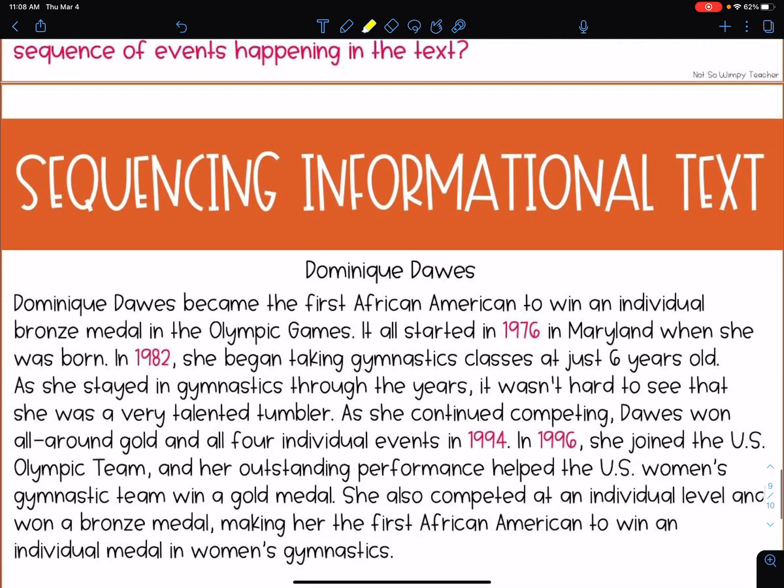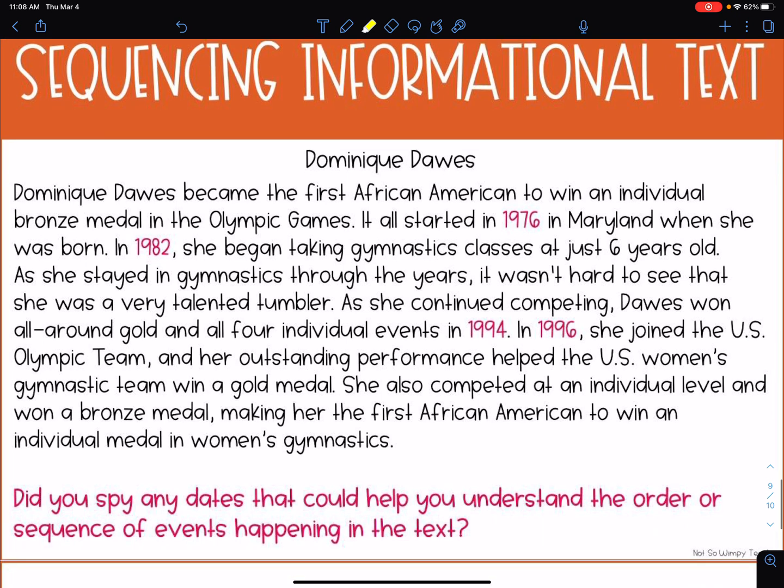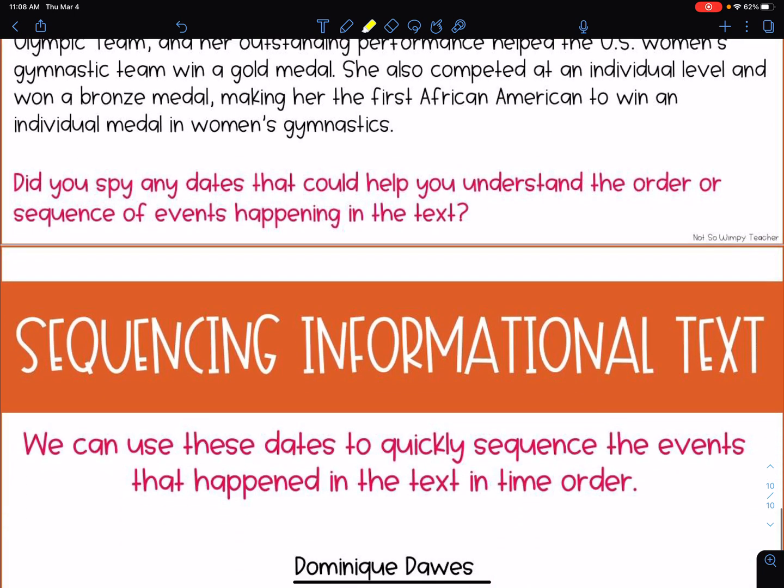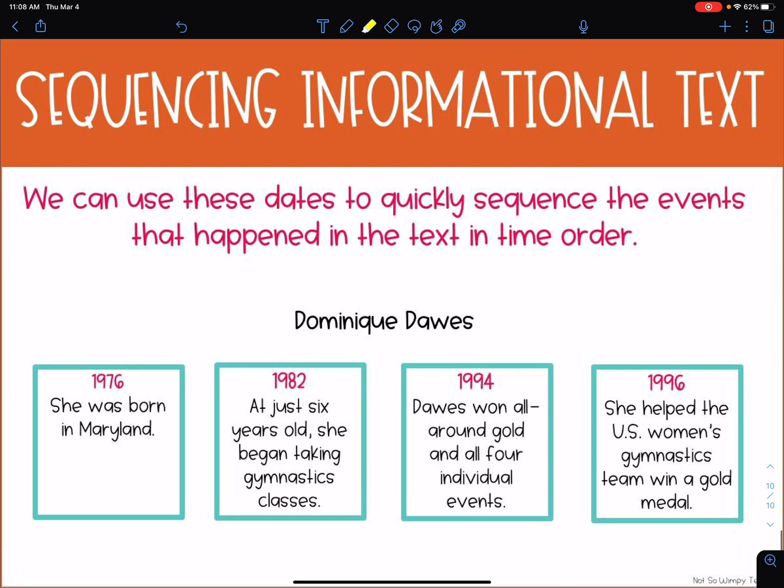All right, so here we have our dates highlighted for us. Again, these 4 dates that we just talked about on the last slide. So again, just like with our life cycle of a mosquito, this is giving us the example of how we can use dates to sequence information in a text. So again, they gave us in 1976, she was born in Maryland.